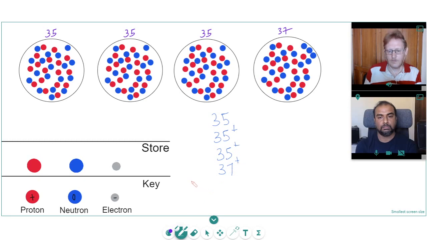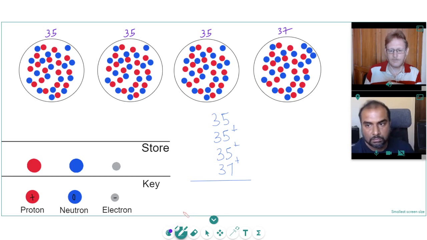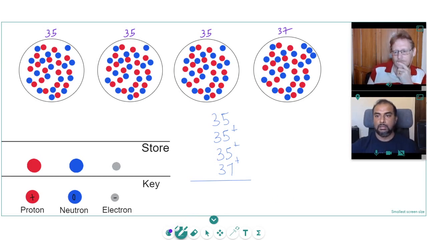And what would we get if we added all those particles up? I am going to get my calculator out for that one, rather than do it mentally. That takes us to 142.